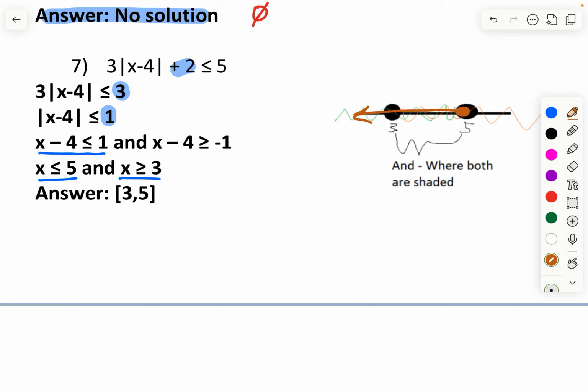And x is greater than or equal to 3, so it's going to be this way. Well, here is where they're both shaded. So and is the overlap or the intersection. So all of the solutions to this inequality lie between 3 and 5, including 3 and 5. That's why we have the brackets in our interval notation.